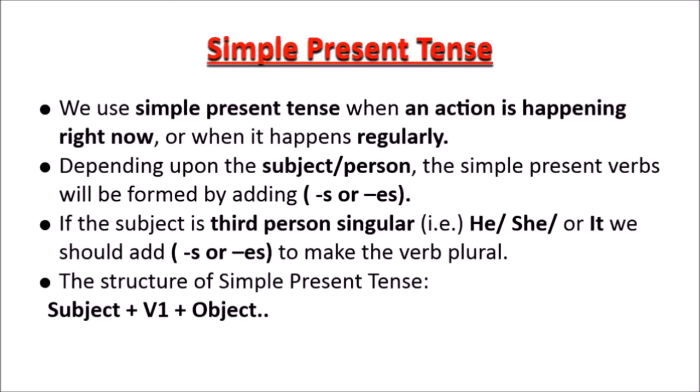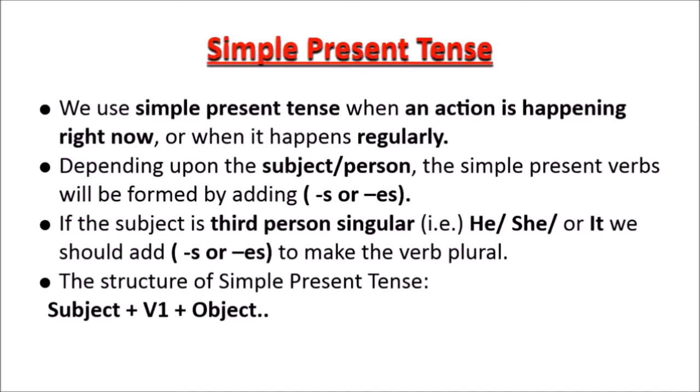So look at the next one. Depending upon the subject or person, simple present verbs will be formed by adding s or es. So it depends upon the subject or person. If the subject is third person singular, that is he, she or it, we should add s or es to the verb.